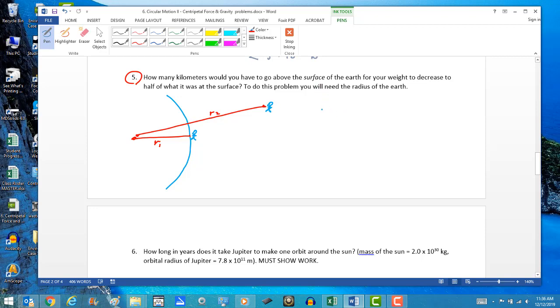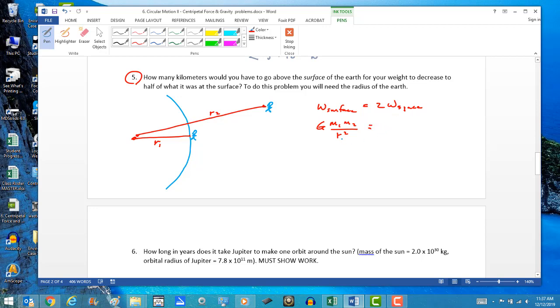And so we could set up a basic equation here. Your weight at the surface then has to be 2 times your weight in space, wherever you are in space. And that would be the starting point. Okay, and then we can fill in the blanks. Your weight at the surface is the force due to gravity, which is just going to be G, the mass of the Earth, the mass of you, divided by the radius of the Earth squared.